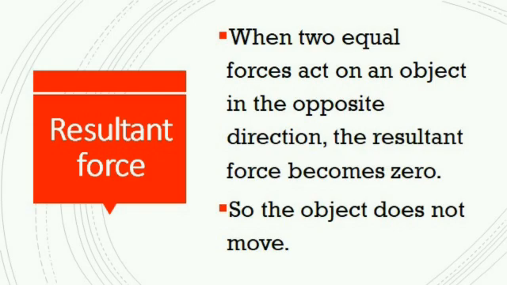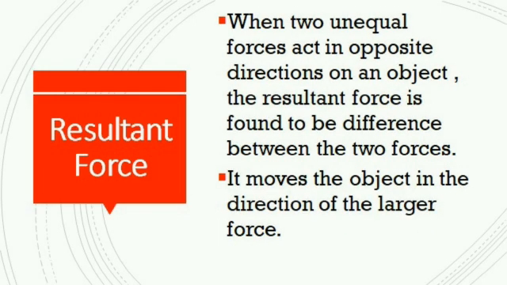The second scenario, when two equal forces act on an object in the opposite direction, the resultant force becomes zero and the object does not move at all. The third scenario, when two unequal forces act in opposite directions on an object, the resultant force is the difference between the two forces. It moves the object in the direction of the larger force. Clear? We have discussed up to this.